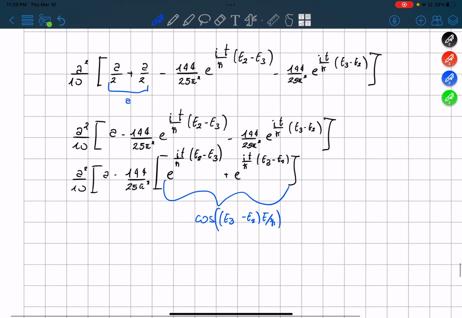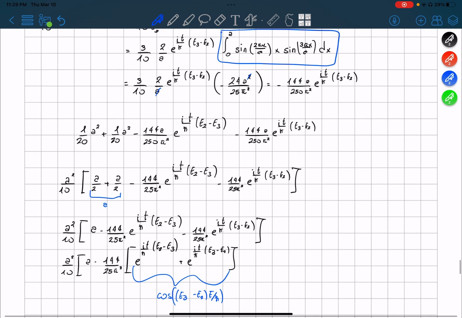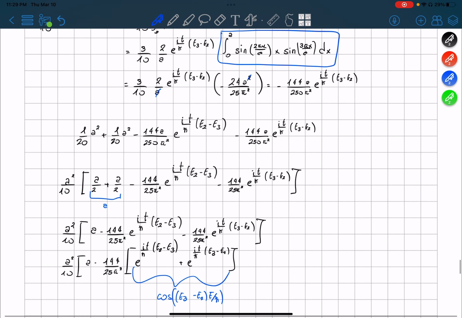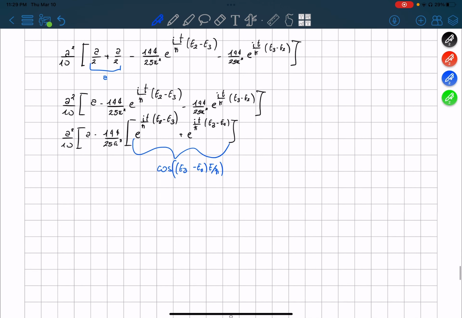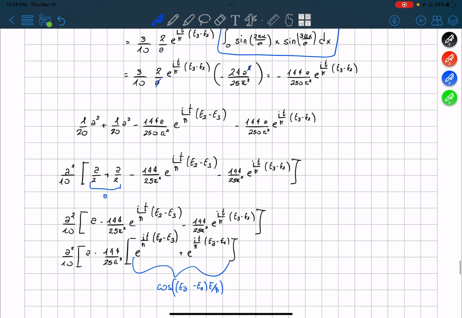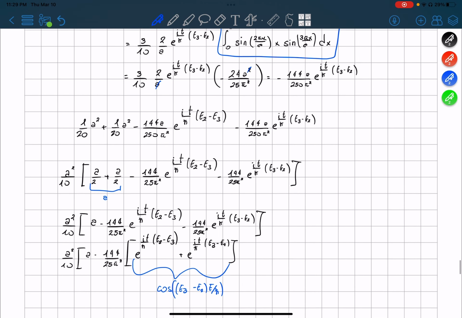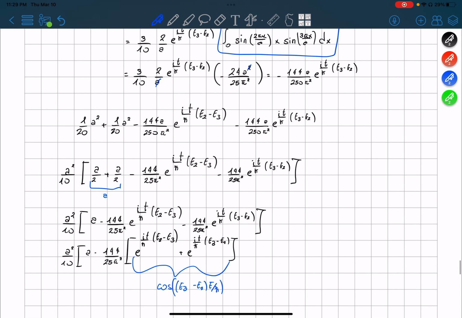I think I forgot to multiply by 2 somewhere. I'm sure you can find it somewhere. Was it a squared? Oh yeah, it wasn't an a squared in front. I just pulled out an a. I don't know why I said a squared.